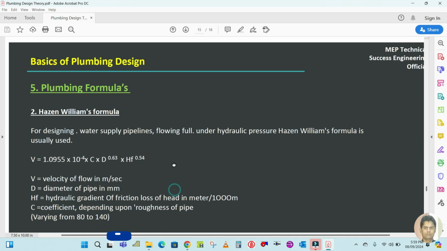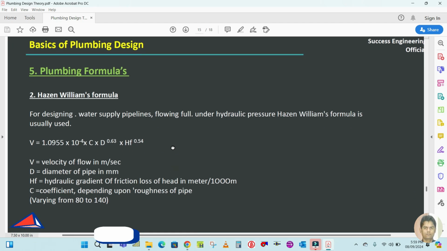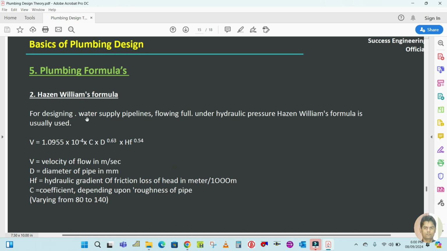Next is the Hazen-Williams formula. For designing a water supply pipeline flowing full under hydraulic pressure, the Hazen-Williams formula is usually used.